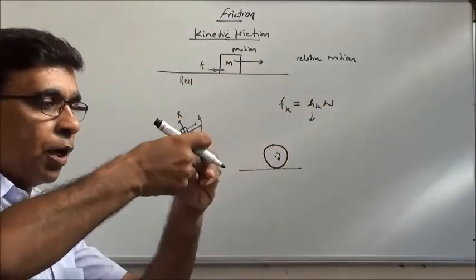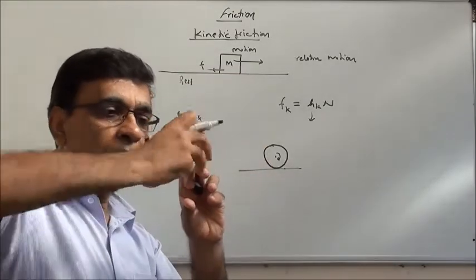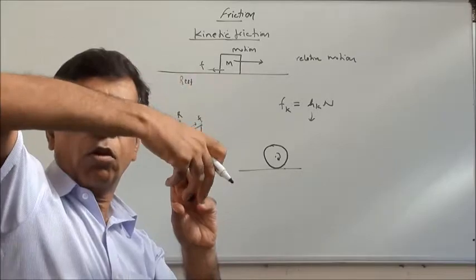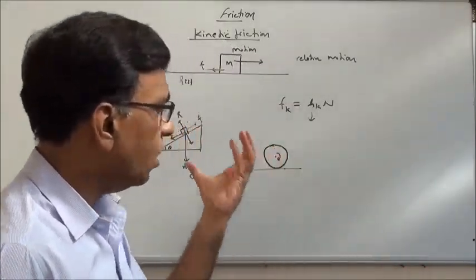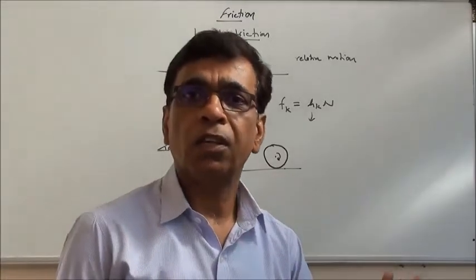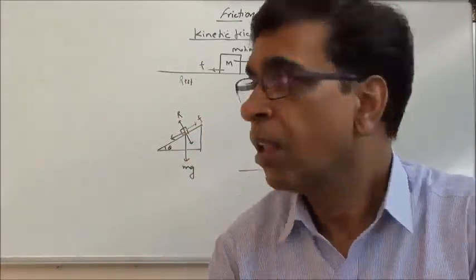So no point is actually sliding. It comes in contact and then moves up, comes in contact and moves up. As a result, the rolling friction is very small. Ideally speaking, it is zero.